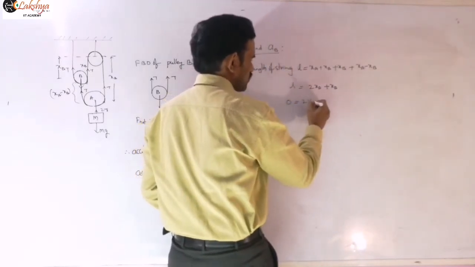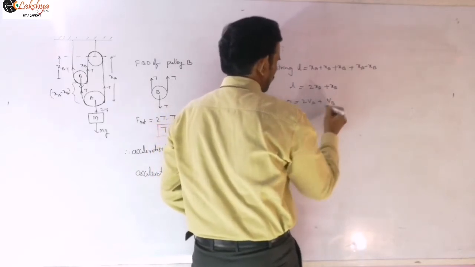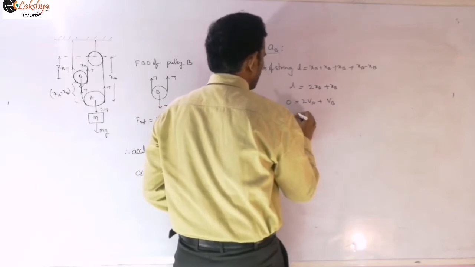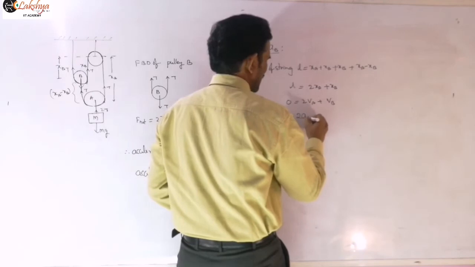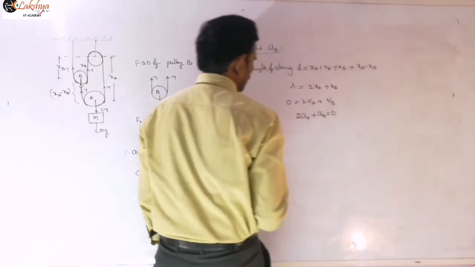So now you can differentiate this: 0 is equal to 2VA plus VB, and again differentiate this. If you differentiate again, you can write this expression as 2AA plus AB is equal to 0, right?